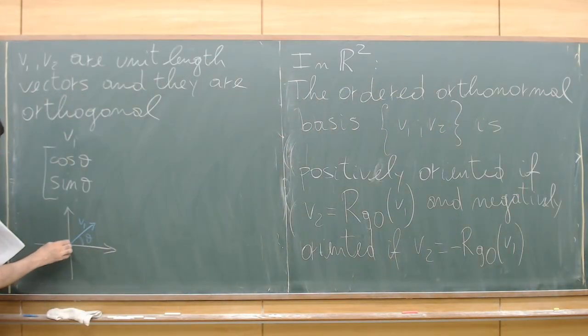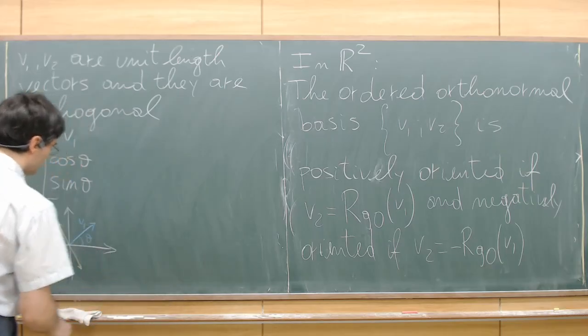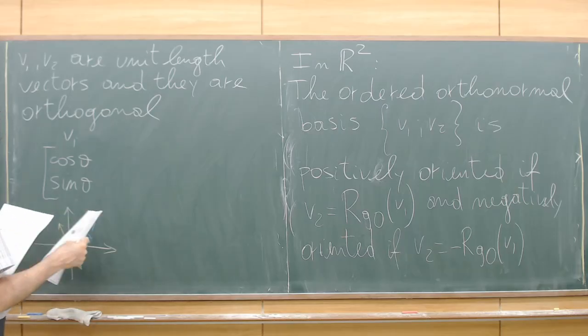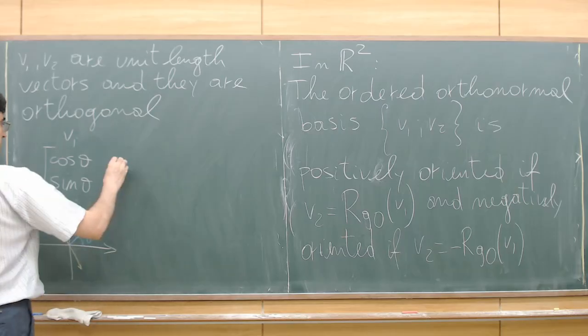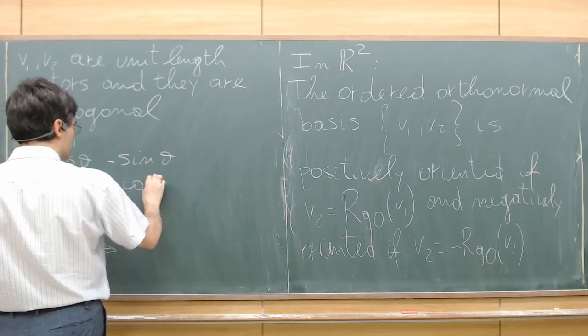This one or this one. In this case, V2 is given by minus sine of theta, cosine theta.